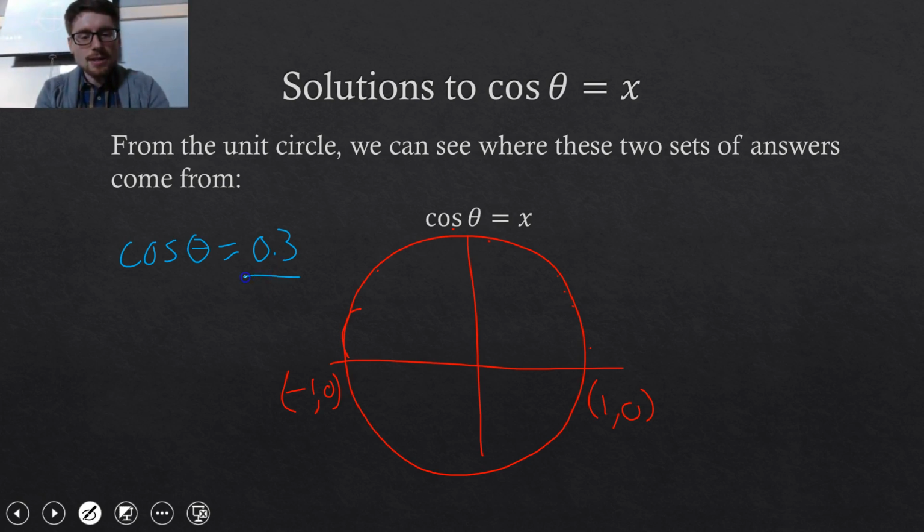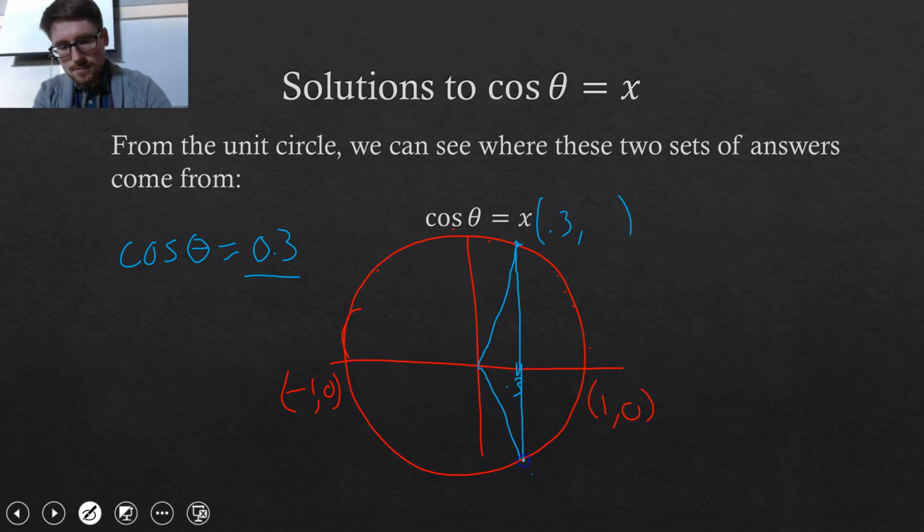I need my x-coordinate to be 0.3, so that's going to be around here. That's about 0.3. And so the two angles we see are in quadrant 1, and there's similarly, that's one point whose x is 0.3. The other answer is in quadrant 4. This also has an x of 0.3. And so we can see why the plus or minus answers pop out.